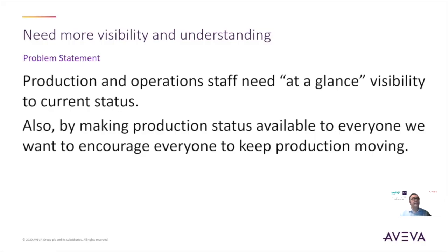They're out tending to the needs of the facility, whether that's a manufacturing facility or some big process happening. Another advantage is that by making production status available to everyone, we encourage everyone to keep production moving. It's kind of like a scoreboard. You see that, and you just want that to be available.